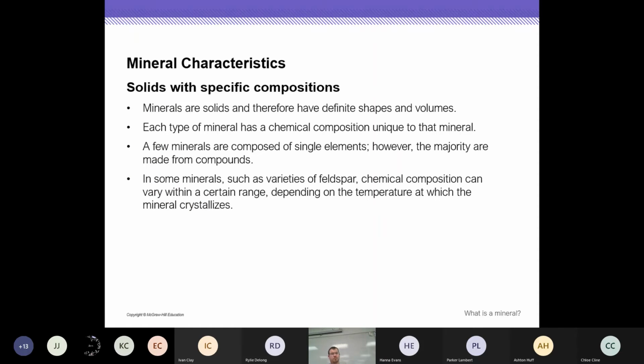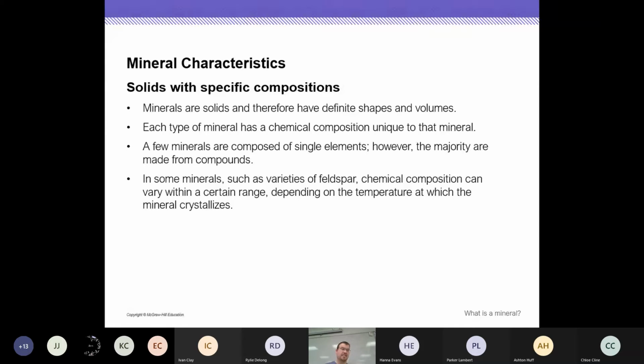Then you've got solids with specific compositions. That makes a lot of sense. They have a specific composition, and they're made of certain elements. These elements form up in certain ways, and in some minerals, like feldspar, chemical composition can vary within a certain range. It depends on the temperature at which the mineral crystallizes.